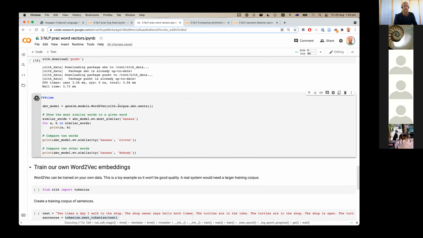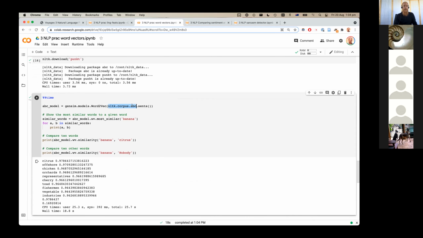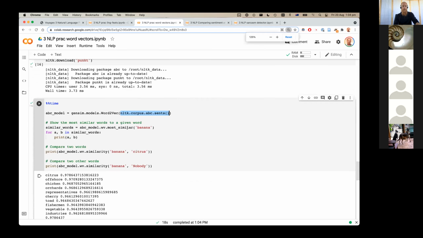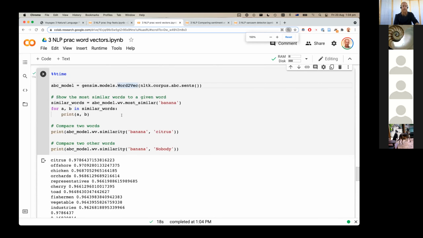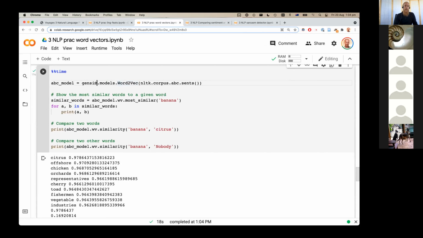So now we'll use the sentences from the NLTK ABC corpus, which we can access with this notation, to train the Word2Vec model. So we can run this. This will train Word2Vec based on this corpus, and we'll have access to that in the ABC model.